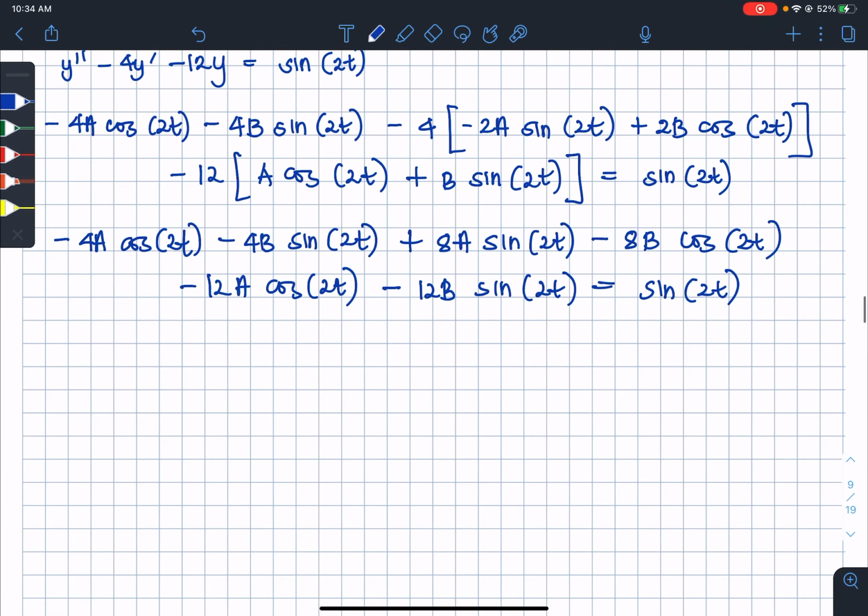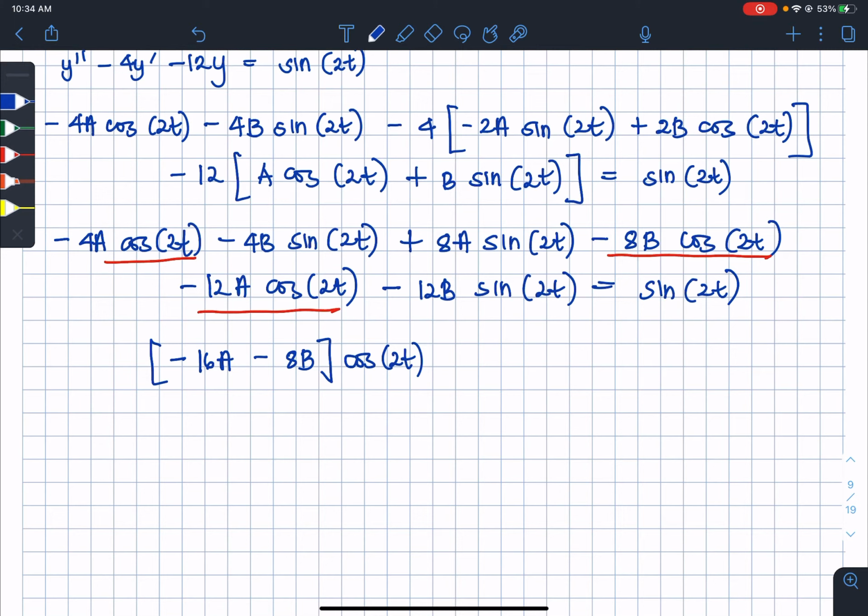Afterwards, we're just going to combine similar terms. We'll start with cosine. So that is negative 4a and negative 12a, so we'll have a negative 16a, then minus 8b, multiplied with cosine 2t.